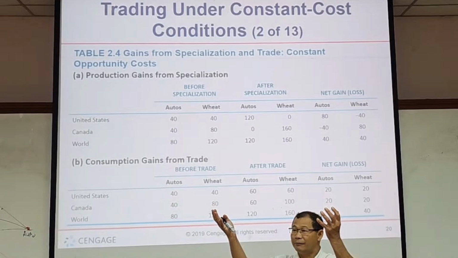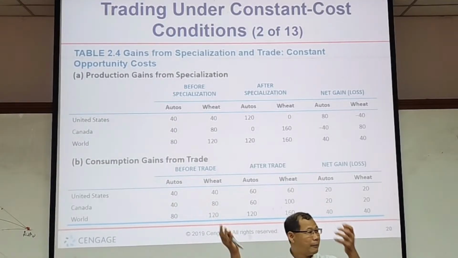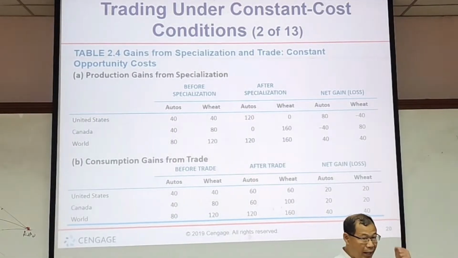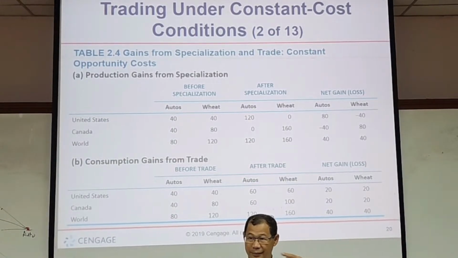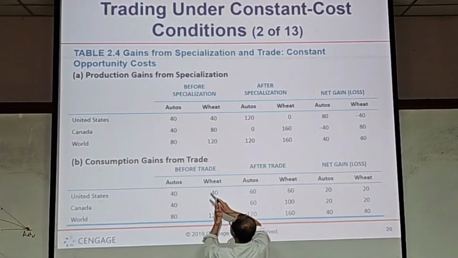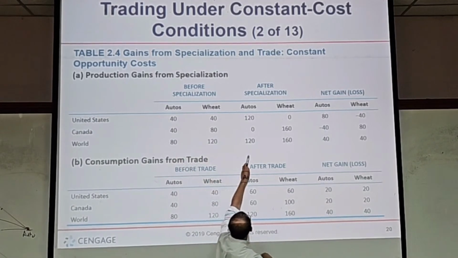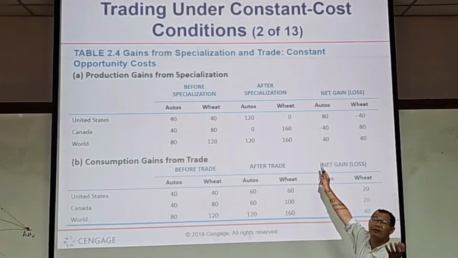Automobile was only 40, and by specializing and trading it increases from 80 to 120. Canada previously had 80. Auto is produced in the United States, previously 40.